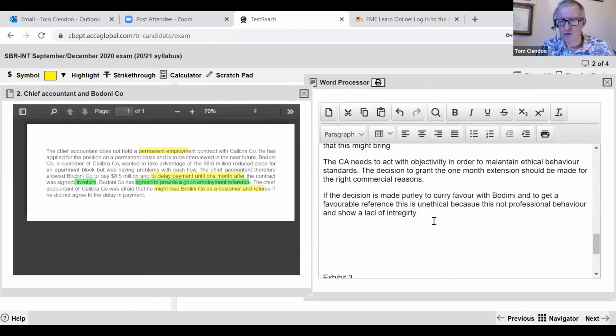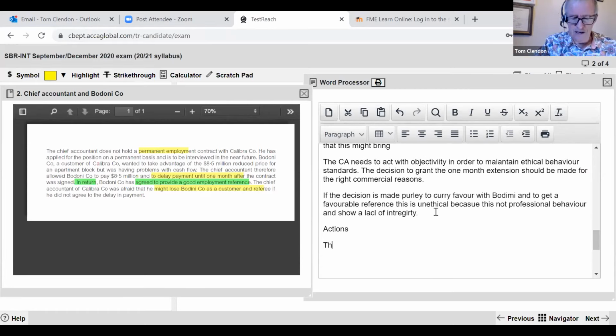So maybe there's another issue here about actions, what we should do. Well, it's a dilemma, isn't it? I think you need to get someone else involved to rubber stamp and validate what you're doing, so you're not doing it on your own.